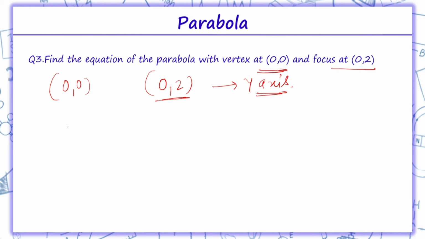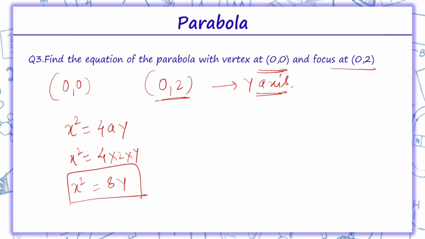So obviously the equation of parabola will become x square equal 4ay. Substituting the value of a over here, we get 4 into 2 into y, so x square equals 8y. So this is the required equation of parabola with vertex (0, 0) and focus (0, 2).